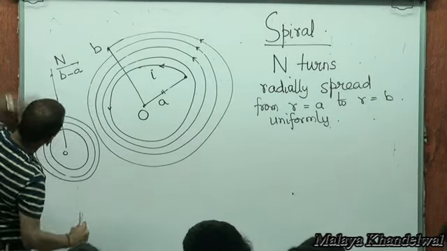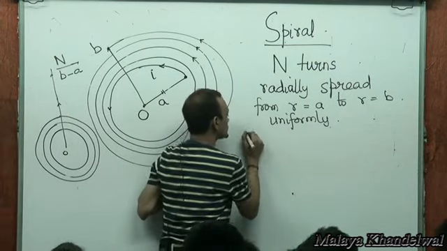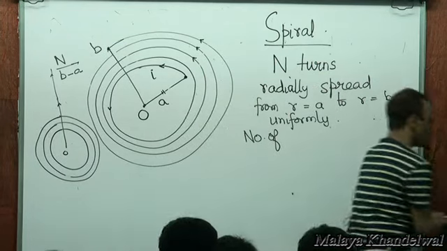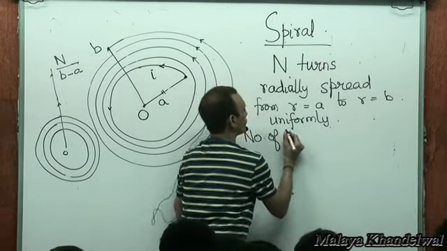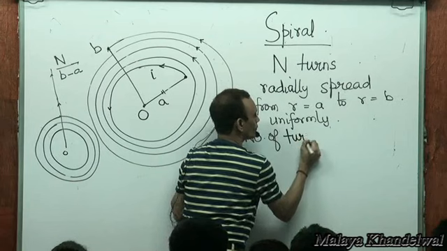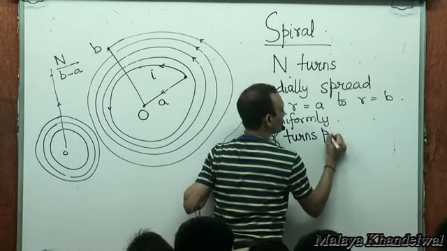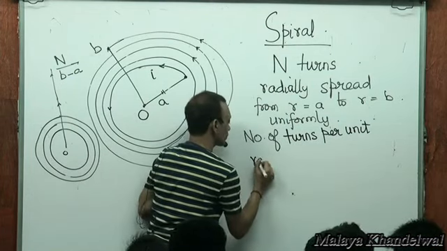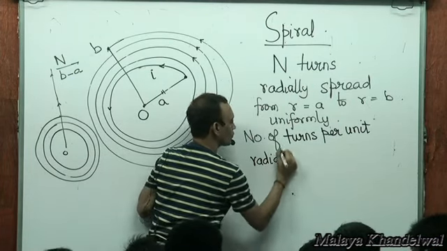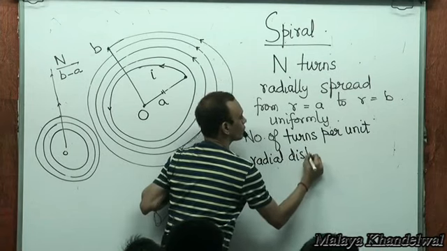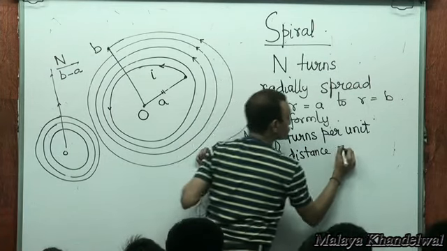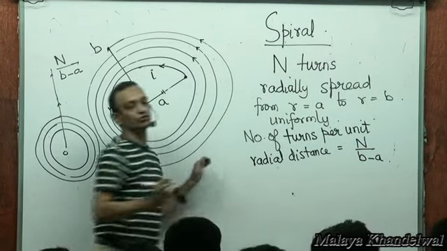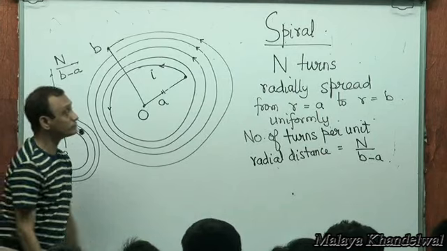So, the number of turns per unit radial distance is going to be n by b minus a. That's the number of turns per unit radial distance, right?